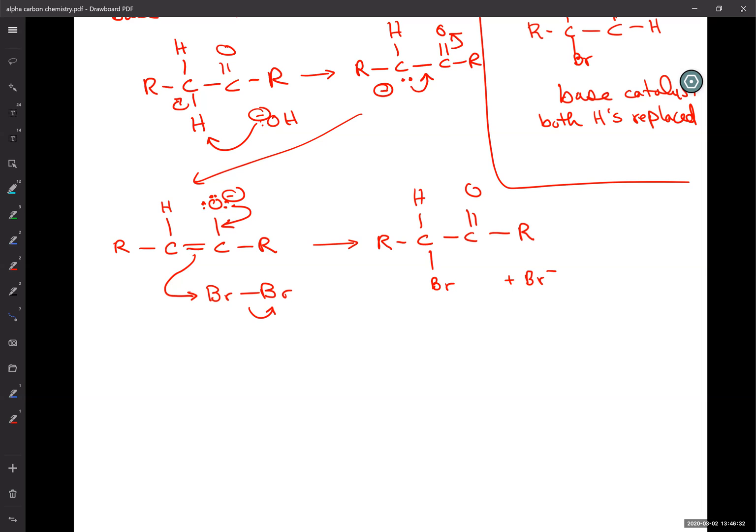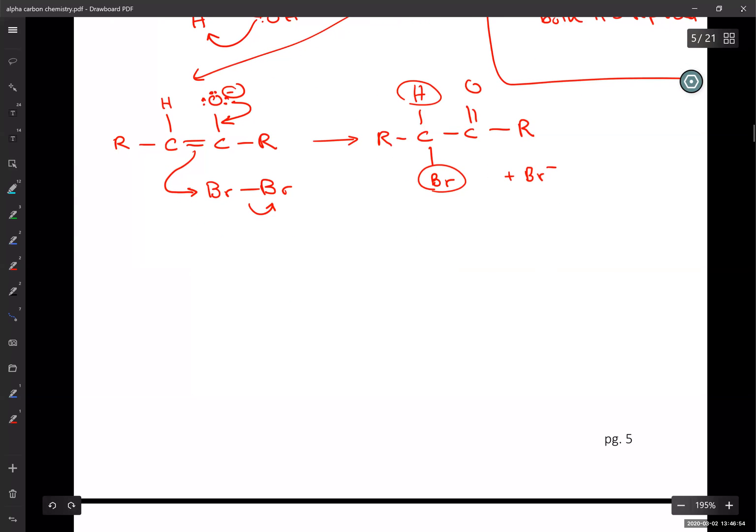What does the halogen do to the pKa of the hydrogen? Makes it more or less acidic? More, because it's an electron withdrawing group essentially, right? It polarizes that bond, and anything you can do to stabilize makes it more acidic. So it ends up being more acidic than the original. This is why you always end up adding two at this position, because it's more acidic and more readily deprotonates.